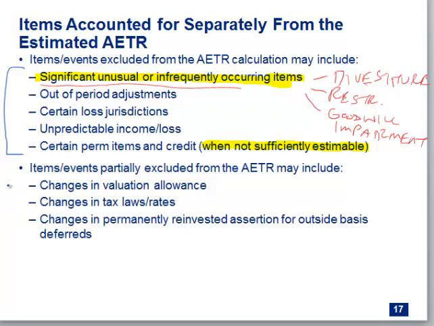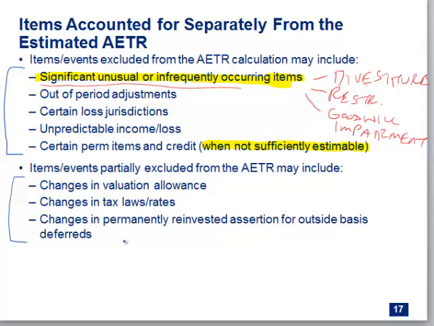So things like changes in laws or tax rates, or changes in a valuation allowance. There's nothing in PBT for these things, right? But they also fall out of the description of things that are ordinary and kind of normal, and I'm using language really loosely right now, but these things seem like kind of one-time events, right? Or at least non-recurring events. And so those types of items also get excluded from the AETR. Okay?